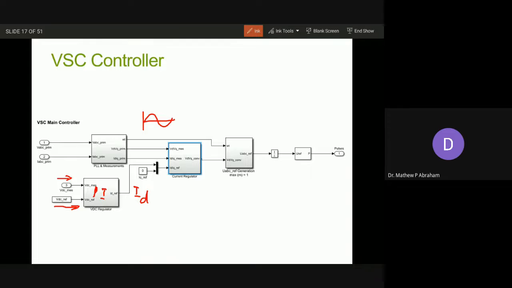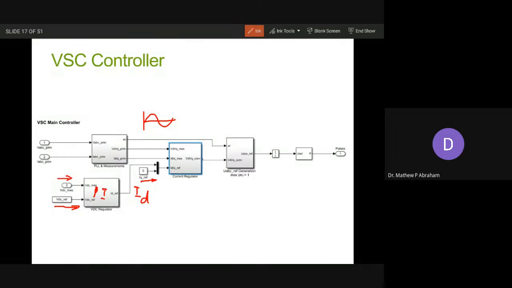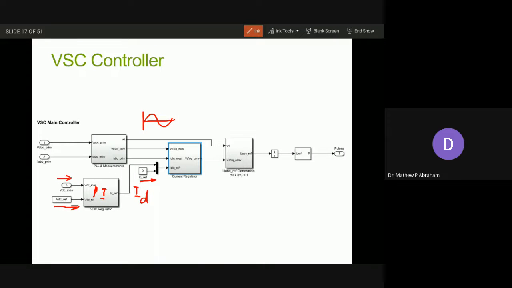And the IQ reference is taken as 0 because we are going to inject the current in phase with the voltage, unity power factor operation. So we ensure unity power factor operation by making the IQ reference 0. So the ID reference is created from this voltage error.